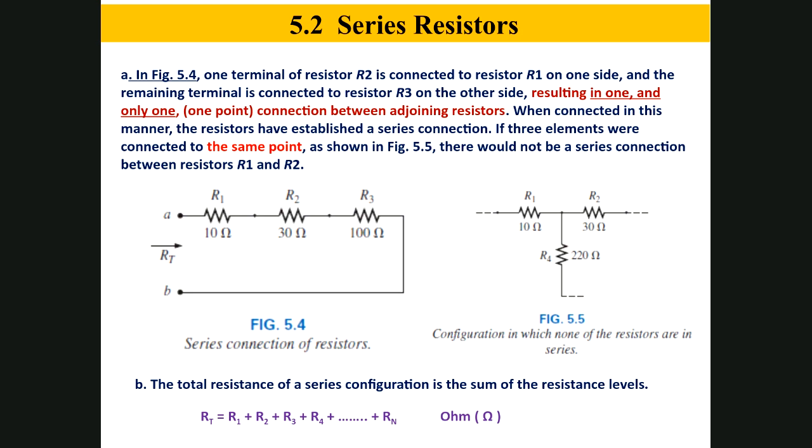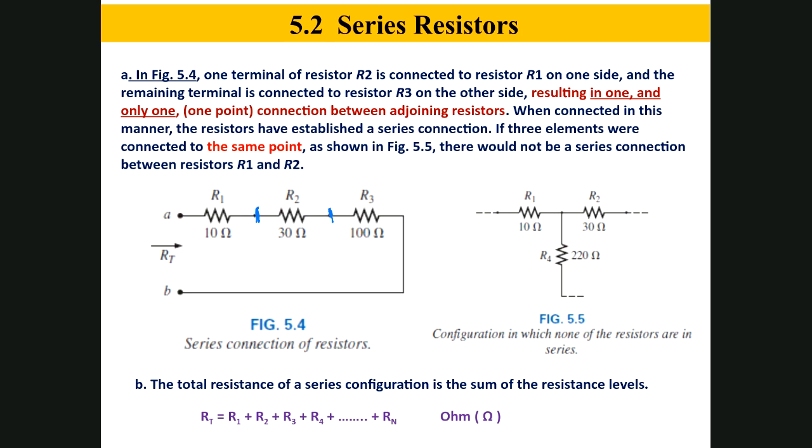Now, in figure 5.4, we can notice that R1, R2, R3 come after each other by one side. So R1 with R2 are connected from one side, and again R2 with R3 are connected by one side.